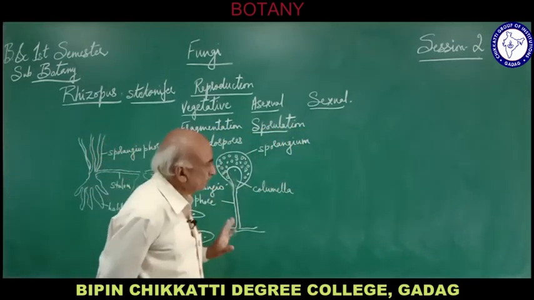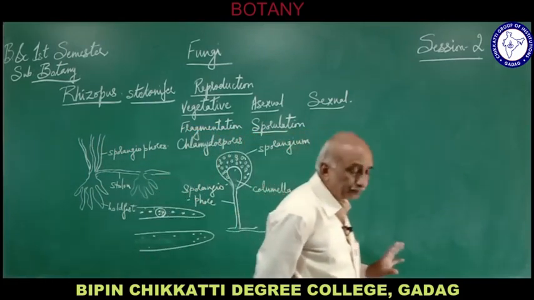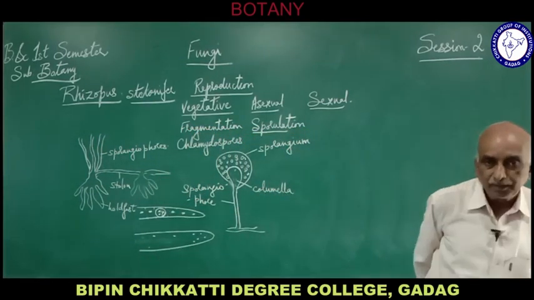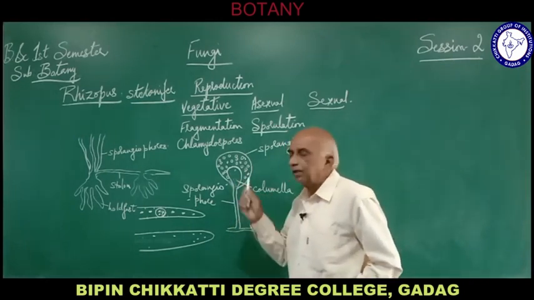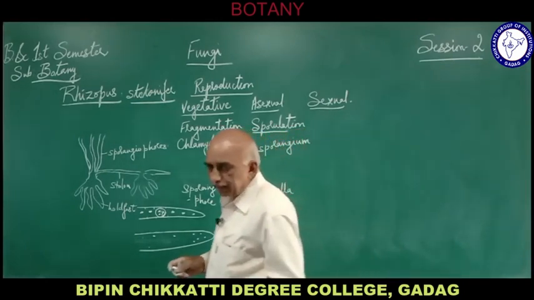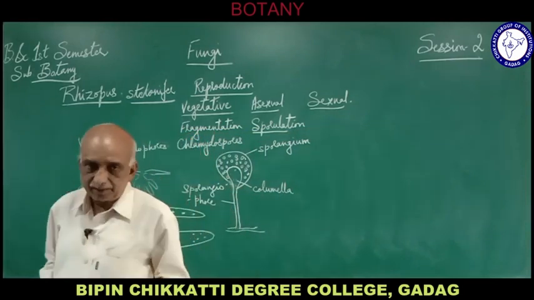When the spores are completely matured, a kind of pressure is developed in the sporangiophore and the columella. There is a liquid accumulating in that region.